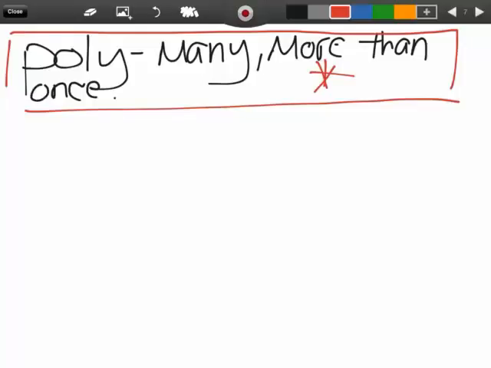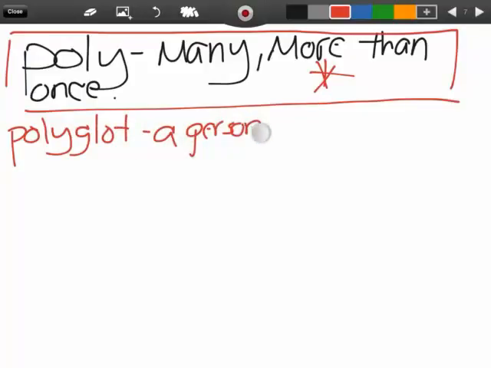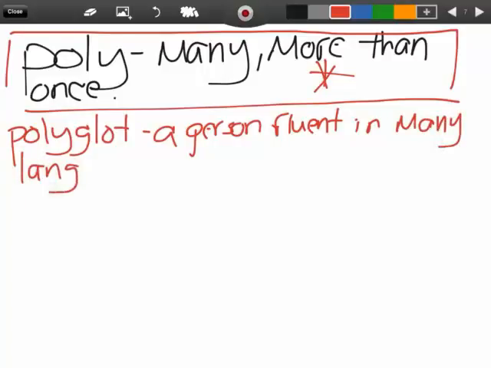I'm going to go ahead and give you two examples. One of them is polyglot, meaning a person fluent in many languages.